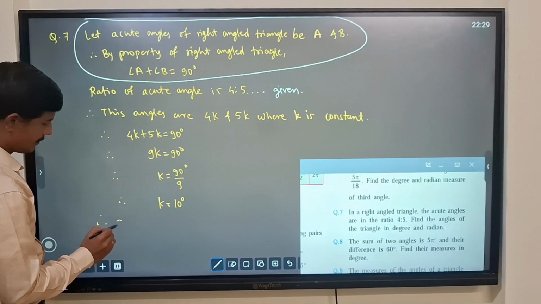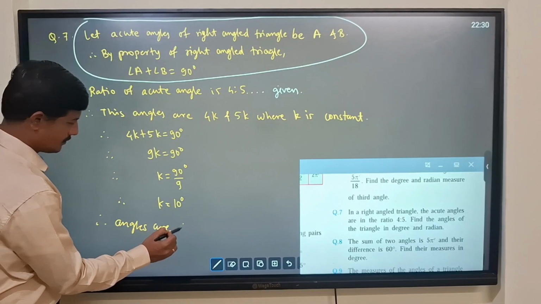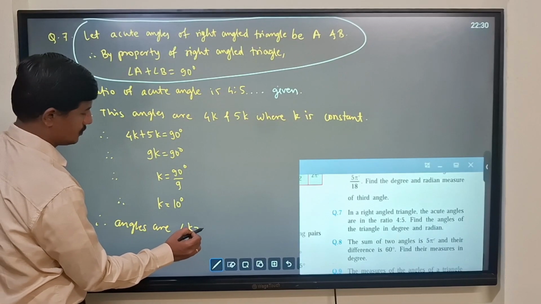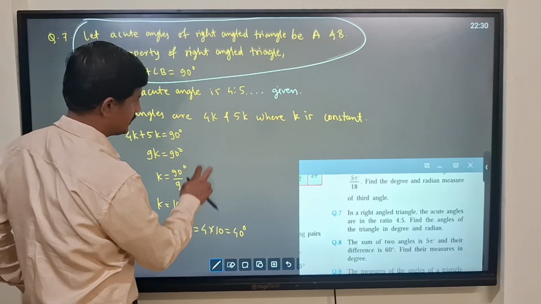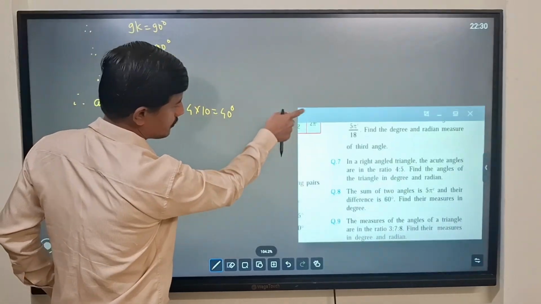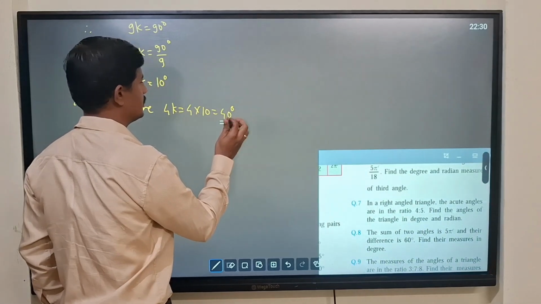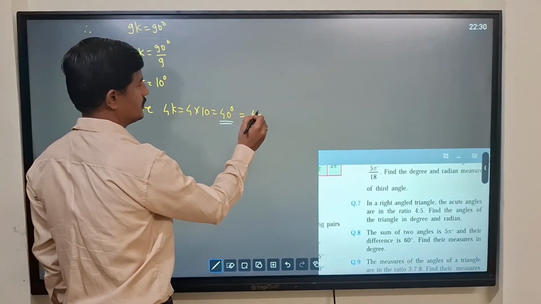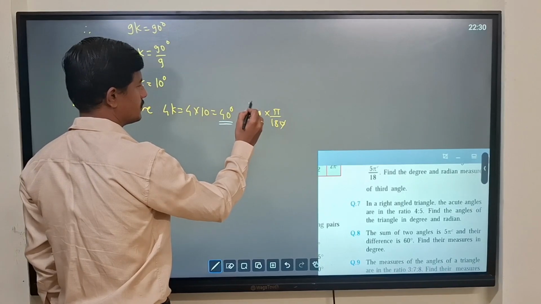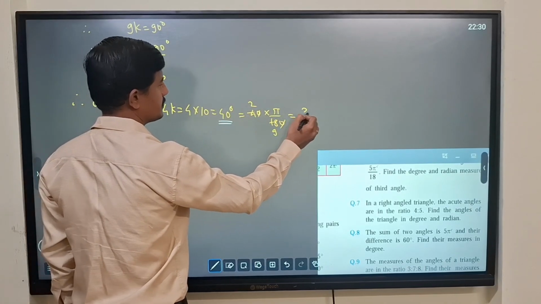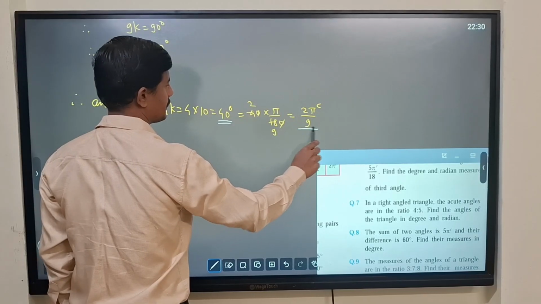Therefore, the angles are 4K equal to 4 into 10 equal to 40 degrees. We want it in degrees and radians. So in degrees it is 40 degrees. Similarly, 40 in radians becomes 40 pi by 180. So this becomes 2 pi by 9 radian.